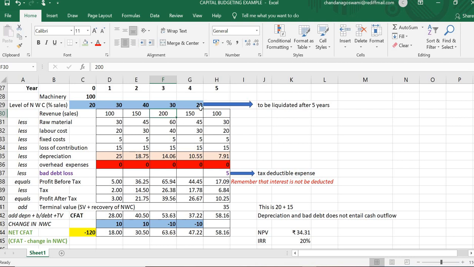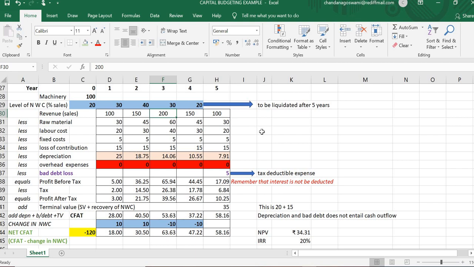And 20% of this 100 is this 20 in year 4. So this is how you will get the level of net working capital. And this last 20 that you have is going to be liquidated after 5 years. I have color coded it blue out here because this is not going to be used in the actual calculation as of now. But yes, it does have a role towards the end of the table.